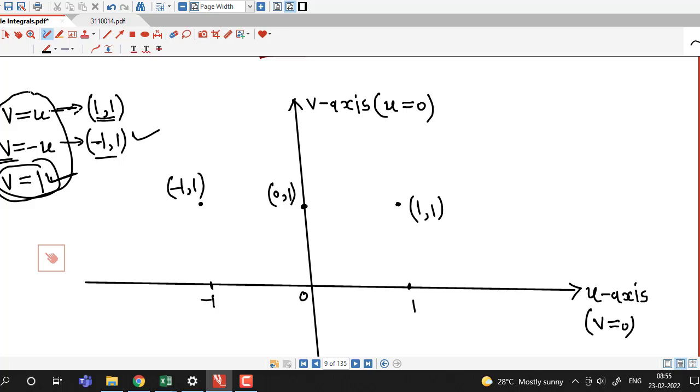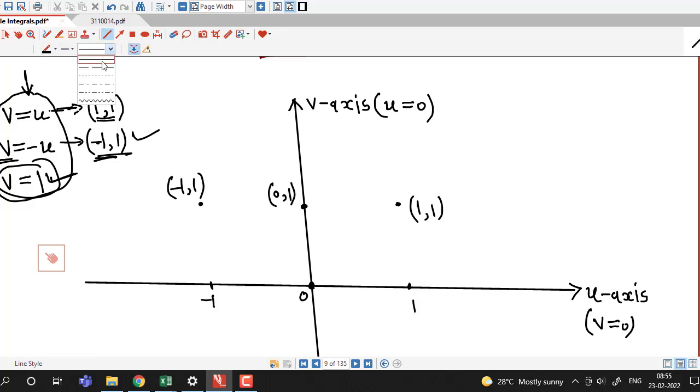So now we know that this v equal to u is the line passing through origin, and it is passing through this point also 1 1. So it is the line joining these 2 points. Similarly, v equal to minus u is passing through minus 1 1 and origin. So that will be the line which we will obtain after joining these 2 points.